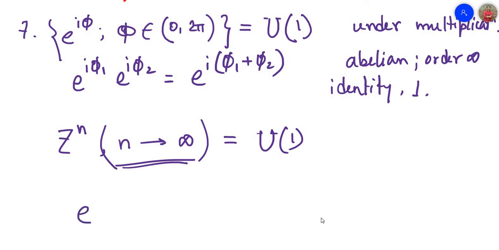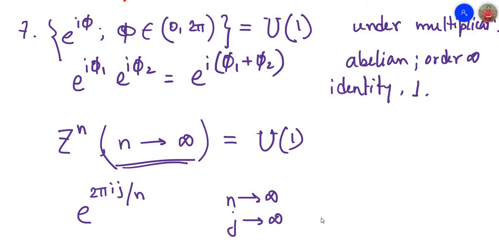For an element e to the twice pi i j divided by n, if n goes to infinity, then of course in order to keep the exponent finite and equal to phi, we must ensure that as n goes to infinity, j must also go to infinity.